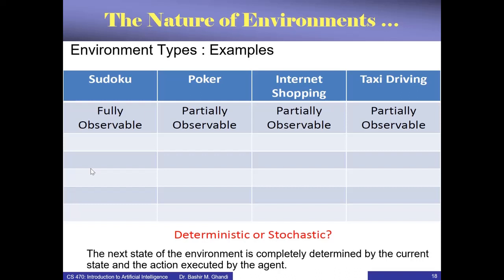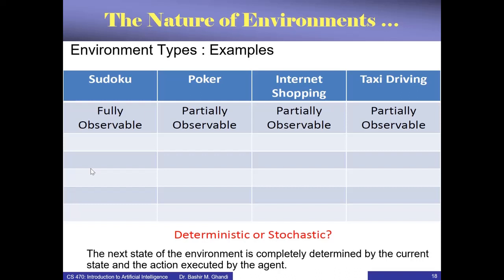And similarly with the taxi driving, it is not deterministic, because there are many road users on the road. The action you take doesn't necessarily tell you the next state. Let's say, for example, you try to accelerate, while at the same time another agent tries to block your way.